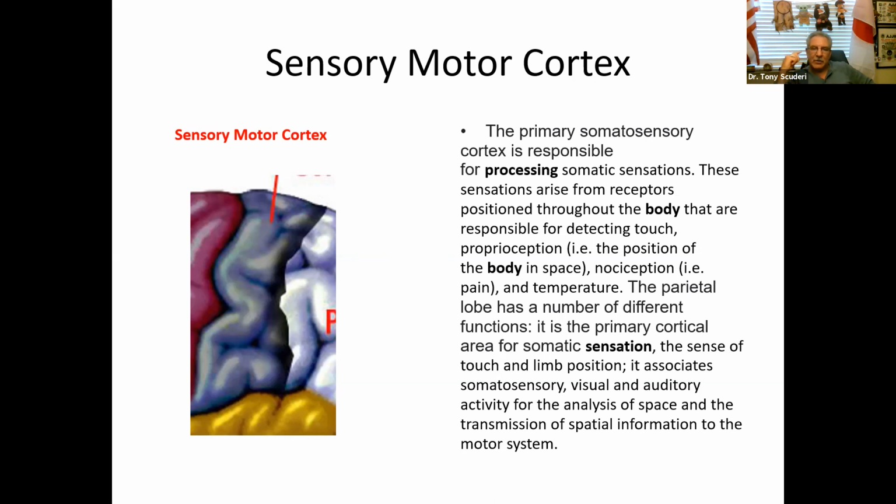So the parietal lobe has a number of different functions. It is the primary area for what we call somatic sensations, senses of touch, of limb position, the association of somatic sensories, the visual, the auditory activity for the analysis of space, where we are in space and time.